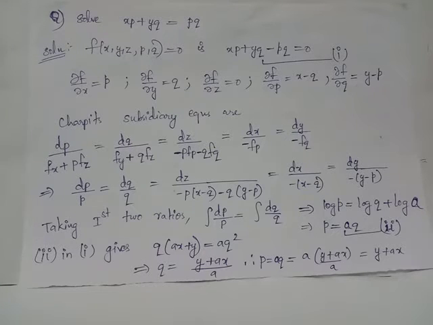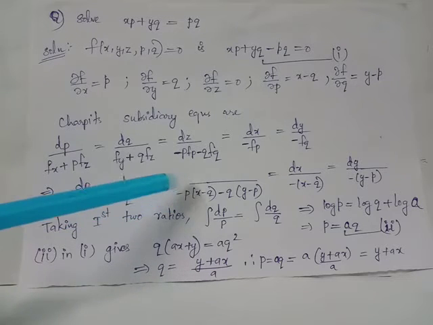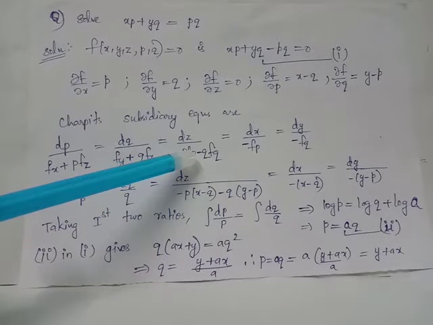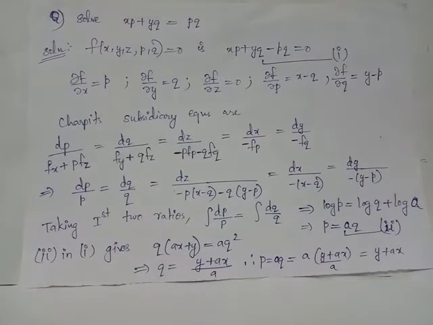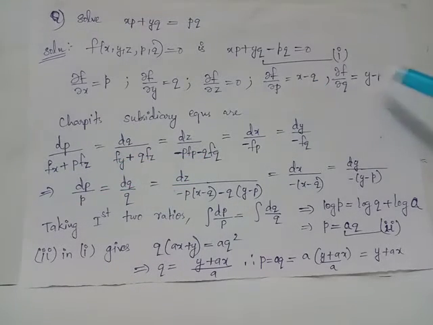equals dq by q because fz is becoming 0, and dz upon minus p into x minus q into y minus p. This is obtained by just substituting fp equals x minus q and fq equals y minus p, which we have evaluated.